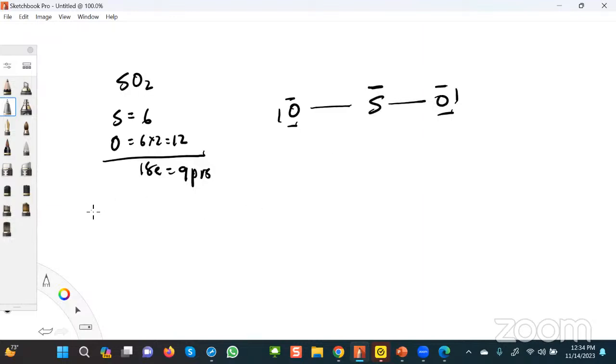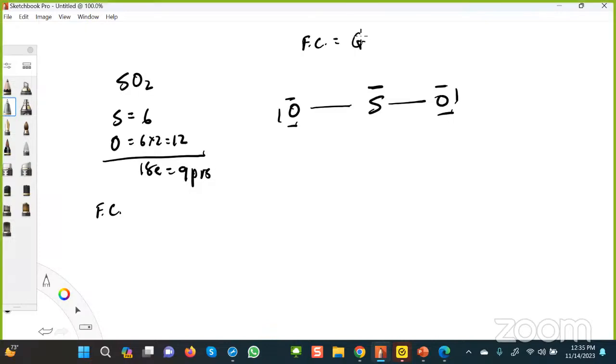So now what we need to do is calculate the formal charges. And just to remind you of that formula, let me write the formula up here. For formal charge, it is the group number minus half the number of bonding electrons minus the number of non-bonding electrons.